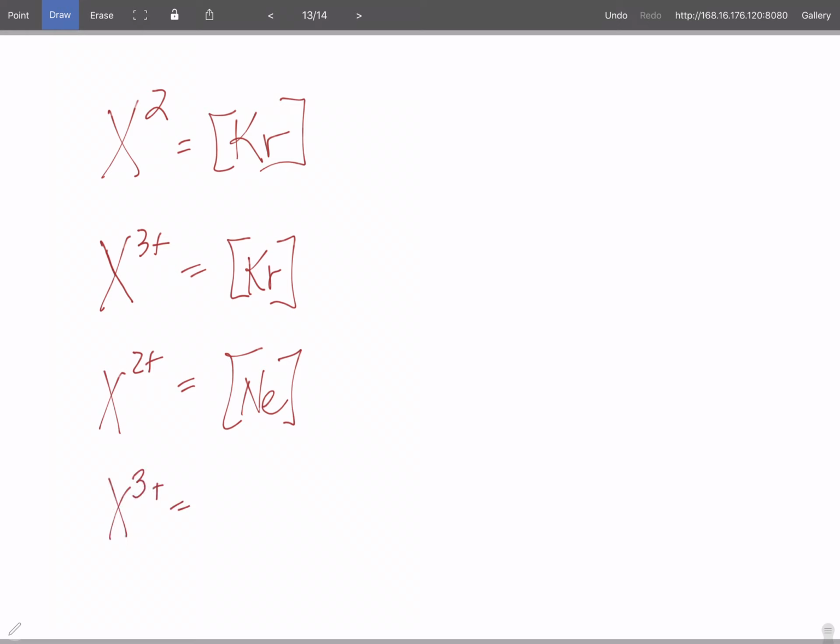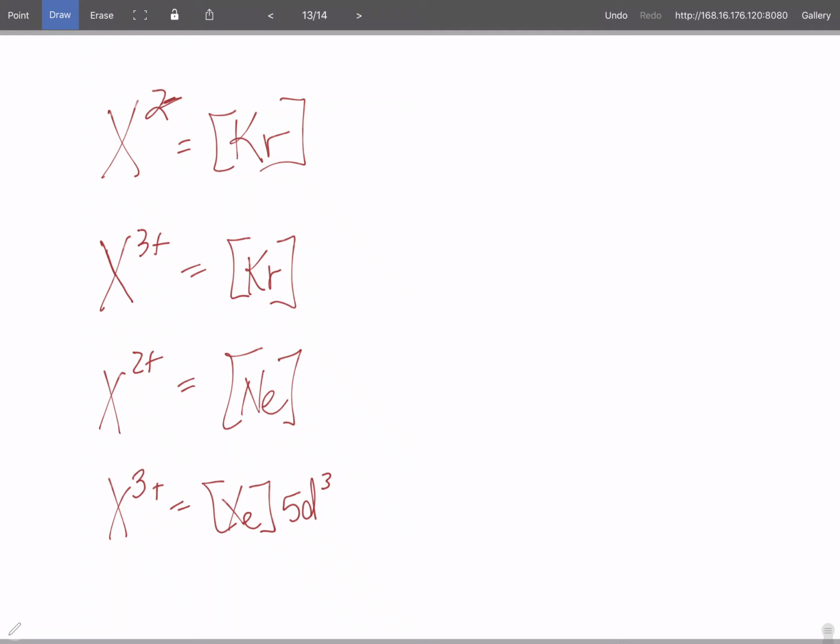Okay, I'm working on it. Xenon core. 1, 2, 3, 4, 5, 6.